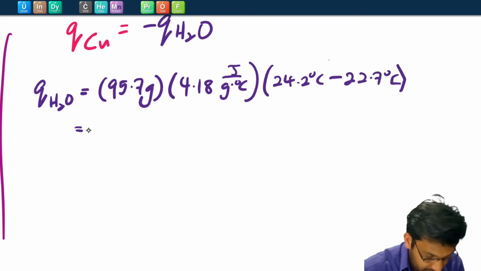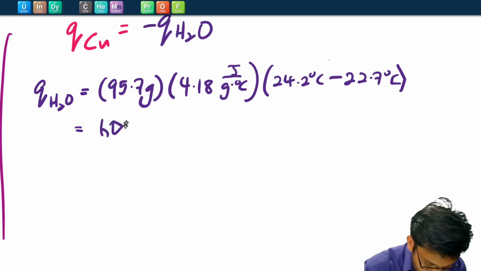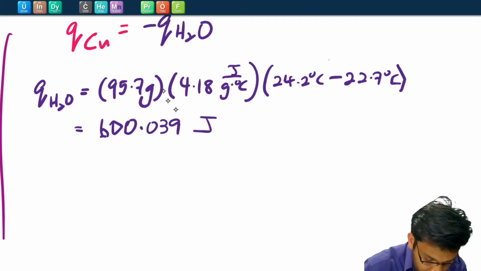If you punch all of this into your calculator, you get a number like 600.039 joules. Joules because the grams cancel out and the degrees Celsius cancel out.